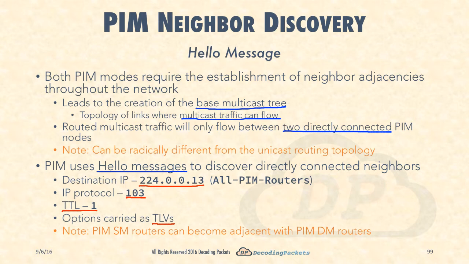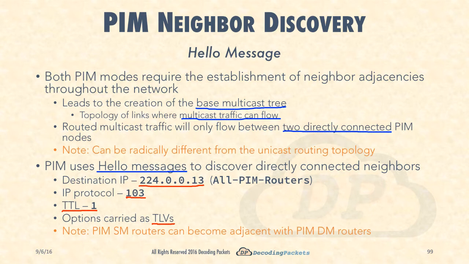The last thing to mention here, there is nothing in the hello message that identifies the type of PIM process that is working on that link. So essentially there is no validation or identification for whether that particular interface where the hello message left out of is a PIM sparse mode interface or a PIM dense mode interface.